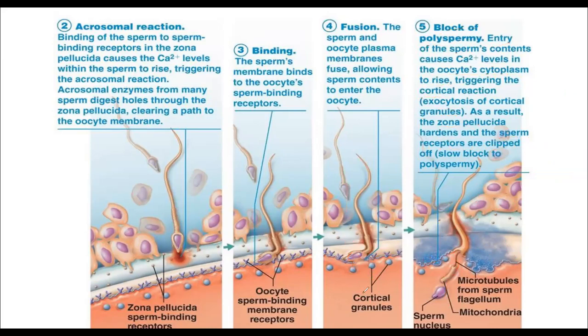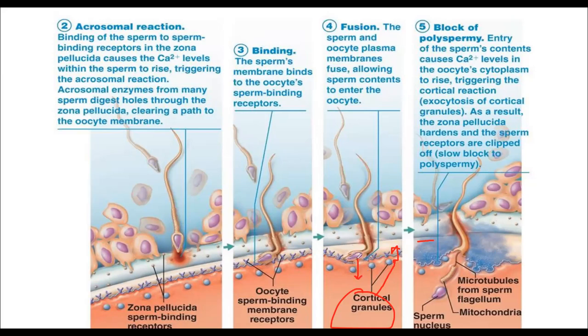So that is where the cortical granules will come into picture. They will start releasing certain granules and this will make the zona pellucida membrane very hard, which will prevent the entry of multiple sperms inside the egg. When will this happen? As soon as the genetic material of the sperm enters into the cytoplasm of the egg.